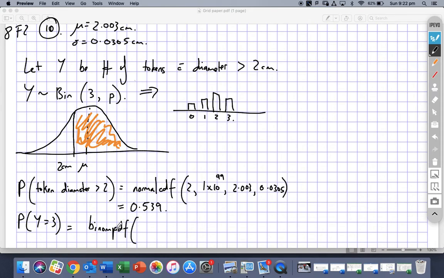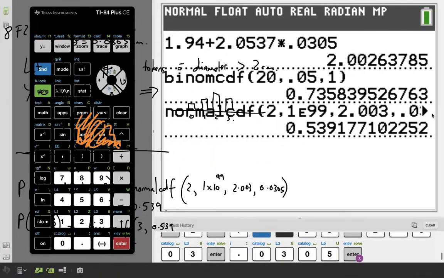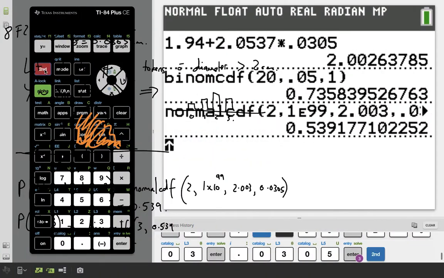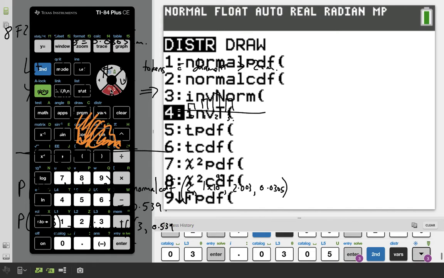So we're using the P, not the C. We've got 3. We've got our probability value now, 0.539. Now, I don't use this function much. Let's just check what goes in the calculator for this one. Binom PDF.